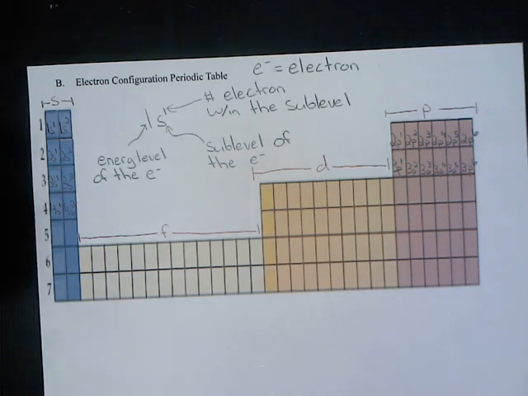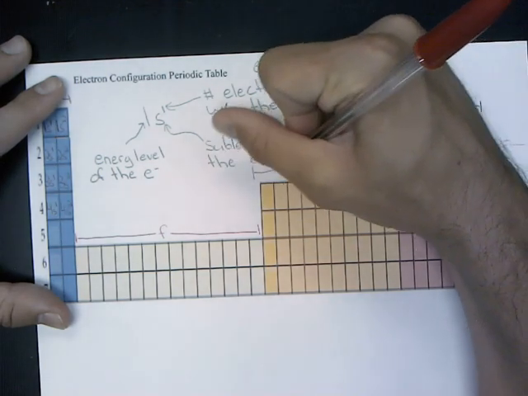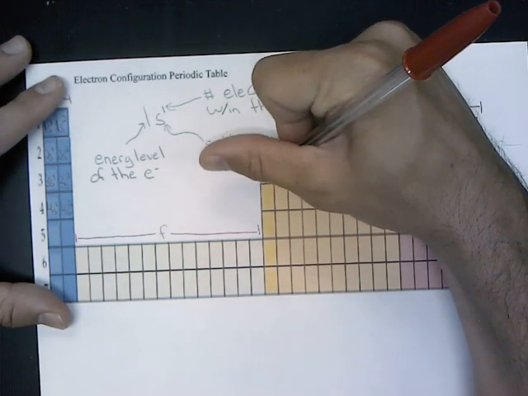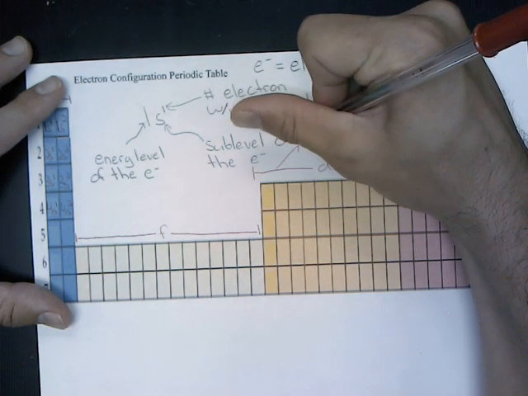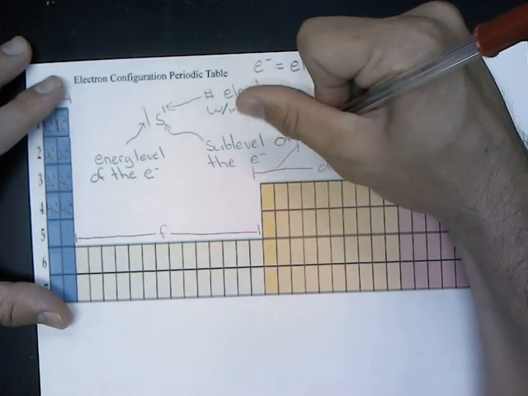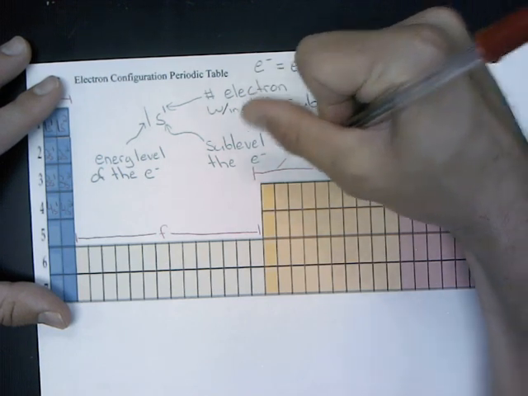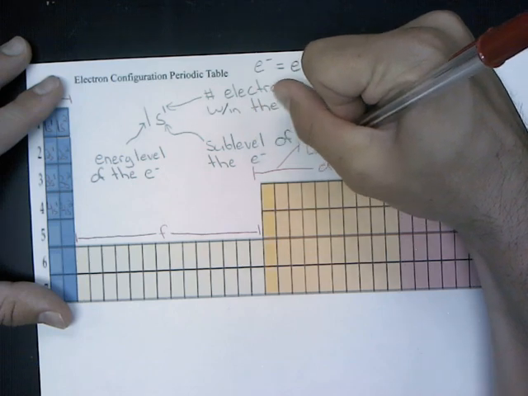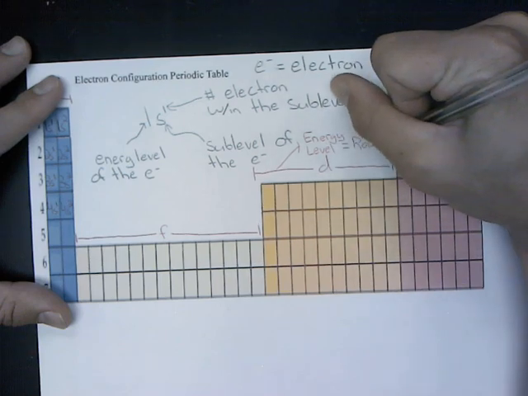The D sublevel, the energy level, is no longer equal to the row. The energy level here is equal to row minus 1. Okay, so I'm going to put this: the energy level of our d electrons is equal to row minus 1.